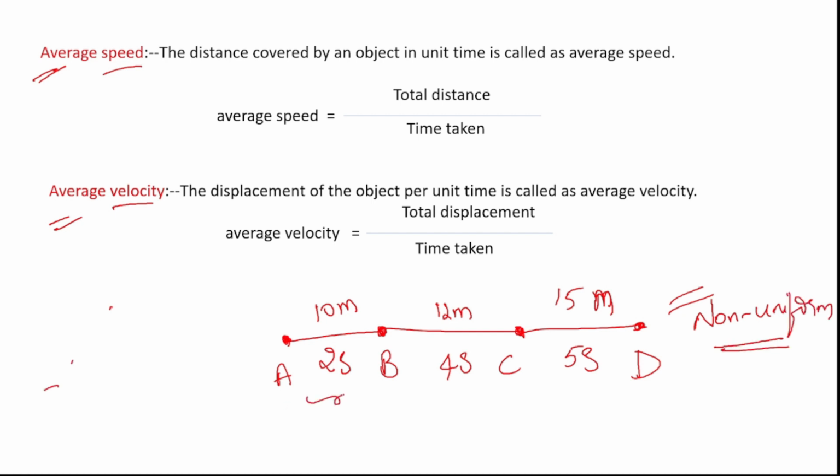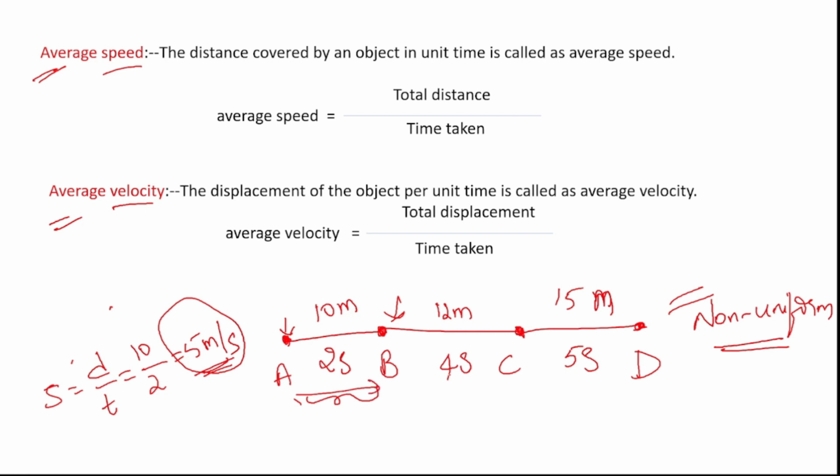So, if we calculate the speed of the car to reach from A to B, then what will it be? D by T, that is 10 by 2, that is 5 meters per second. So, the car speed is 5 meters per second from A to B. Next, let us see from B to C. Then what will it be? 12 by 4 equal to 3 meters per second.